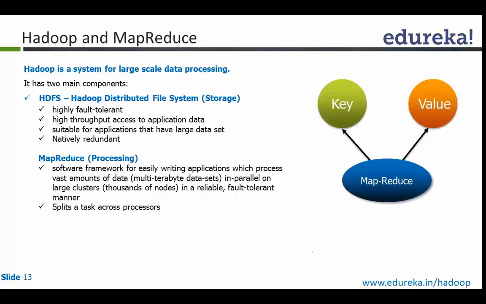So X amount of work can be divided into, say, N number of pieces and achieved in a smaller time, with all the fault tolerance, coordination, and cluster management taken care of by the Hadoop framework. You need to only focus on the business logic or the actual business aspects of the MapReduce.